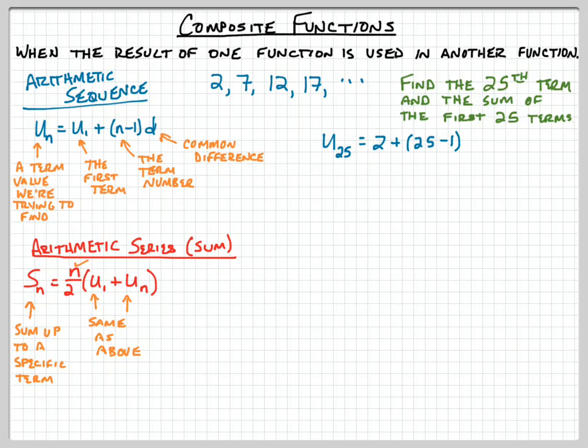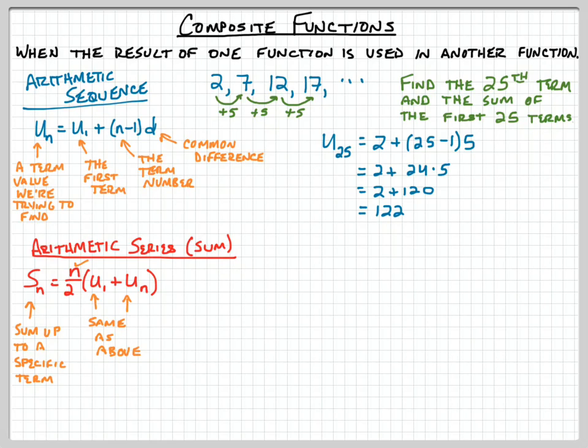We have to think about how this changes from one term to the next. As you can see, we're adding 5 here, and then we add 5 again, and we add 5 again. So our common difference is 5, so we multiply this bit by 5. Doing some very basic arithmetic, 2 plus 24 times 5, we get 2 plus 120, so our 25th term is 122.